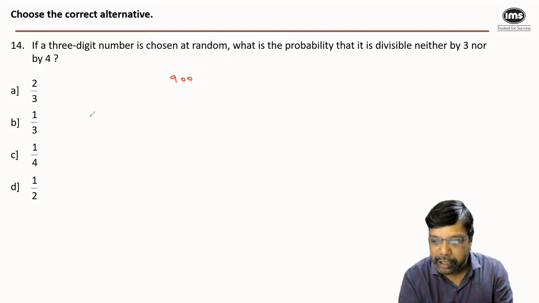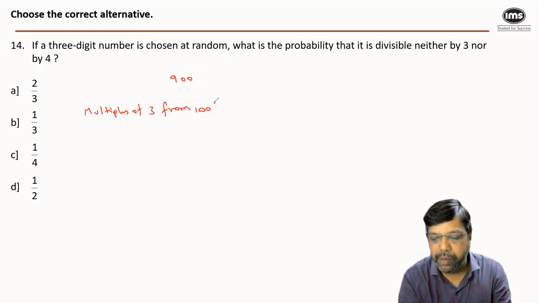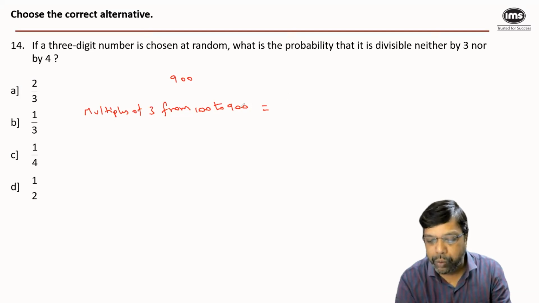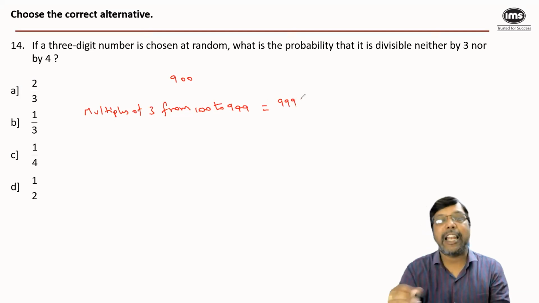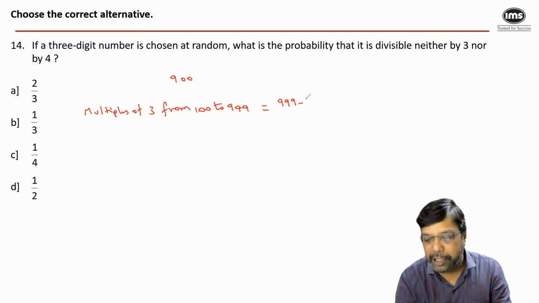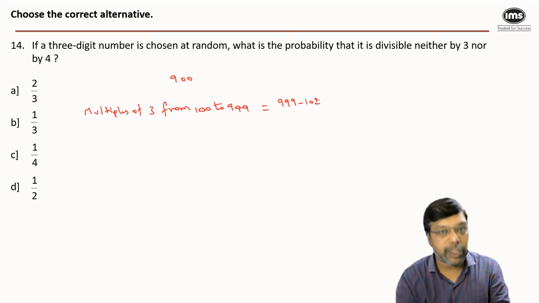Now, multiples of 3 from 100 to 999. So 999 is the largest 3-digit multiple of 3, and the smallest 3-digit multiple of 3 is 102.